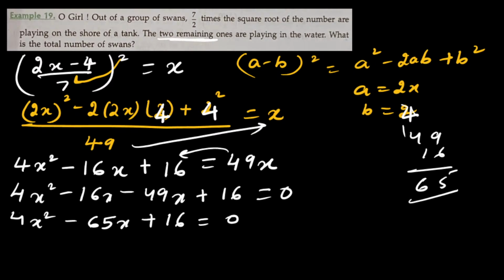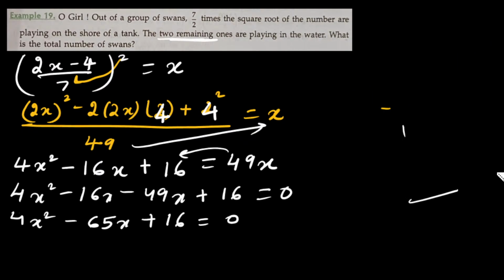You can just find the value of x here, and that x is the total number of swans. So if anyone has found the value of x, you can just tell me. You can either use splitting the middle term, or you can use the quadratic formula also.